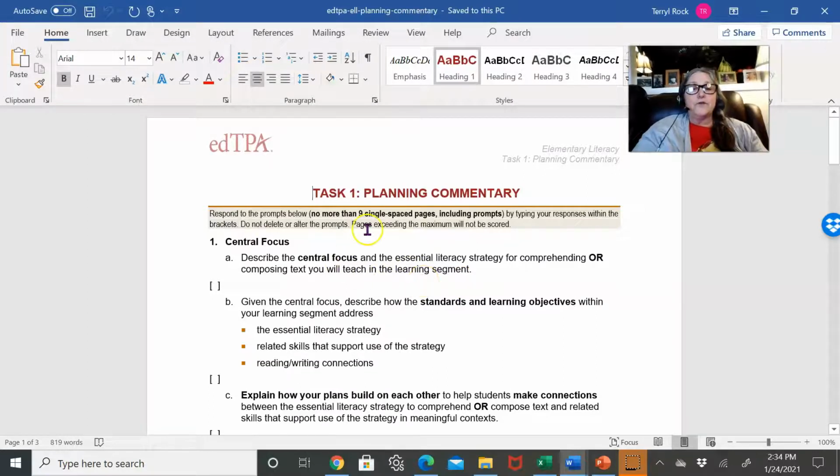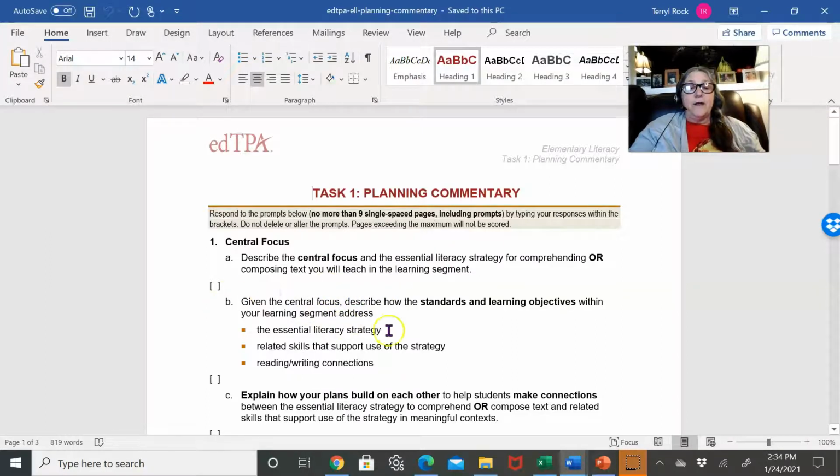In your first prompt, it's going to ask you to describe the central focus and essential literacy strategy for comprehending or composing texts. So you're going to say something to the effect of, my central focus is, and you choose either comprehension or composition. And then you're going to tell what your essential literacy strategy is.